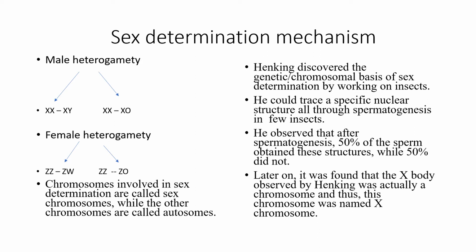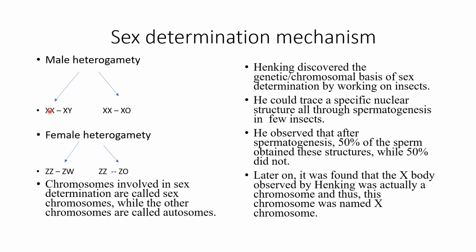Here two different types are there, that is male heterogamety and female heterogamety. Male heterogamety means it can produce two types of gametes.